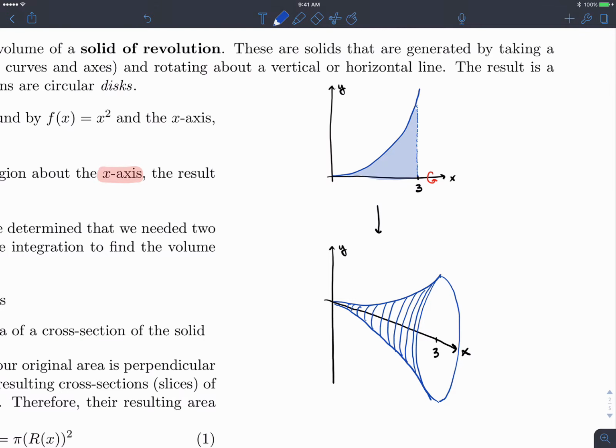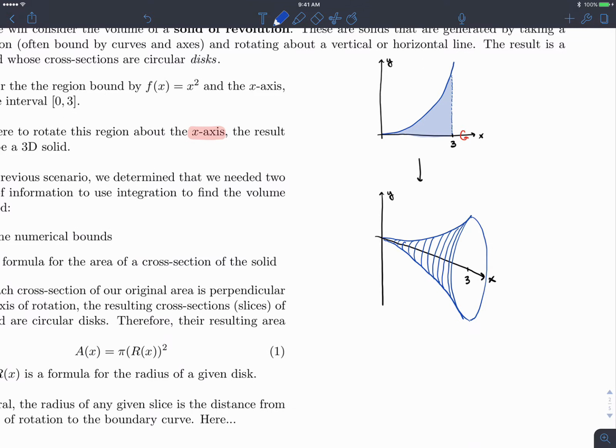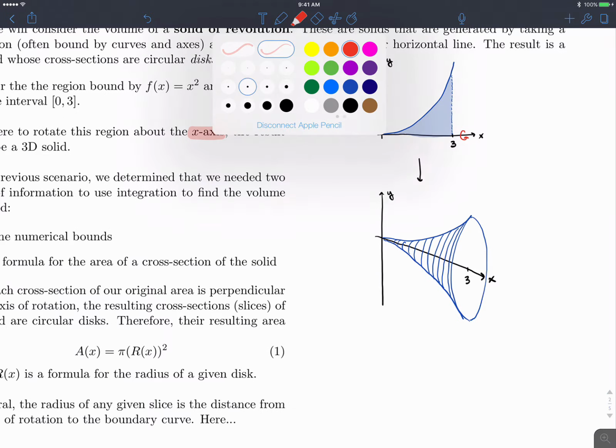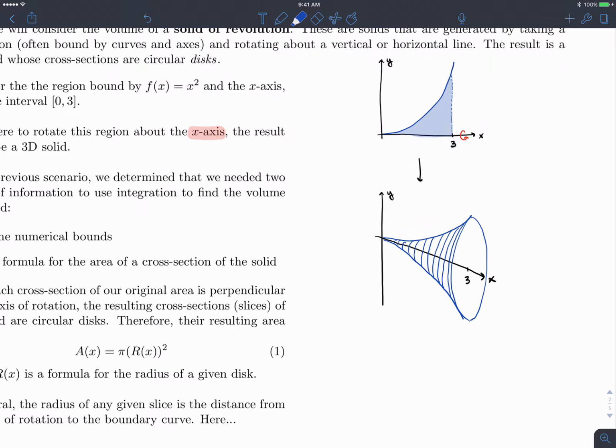All right. Now, as we think about this 3D solid that we've got, much like what we did in the previous example, we were asking ourselves, how do we now find the volume of this? We concluded that we needed two particular things. We needed the bounds that this volume was rotated about, and we also need to find some way to generalize the surface area of one of the cross sections.